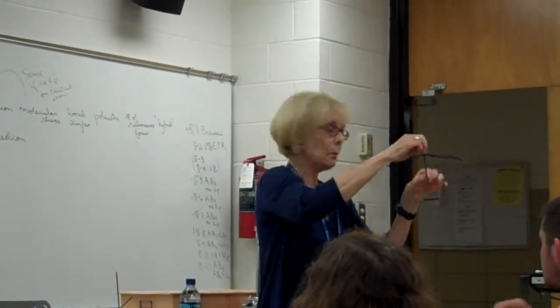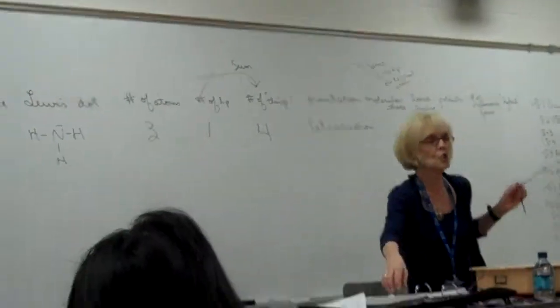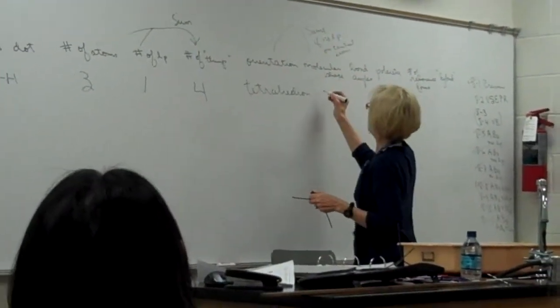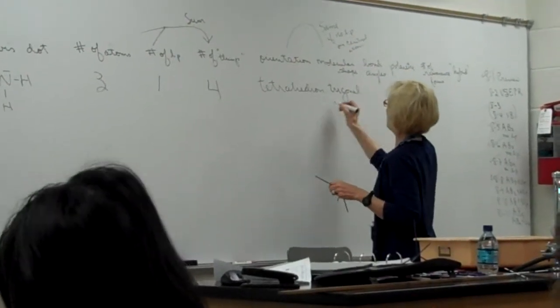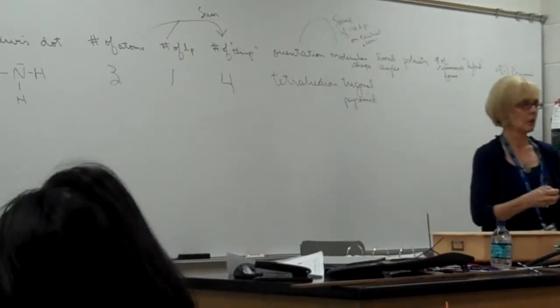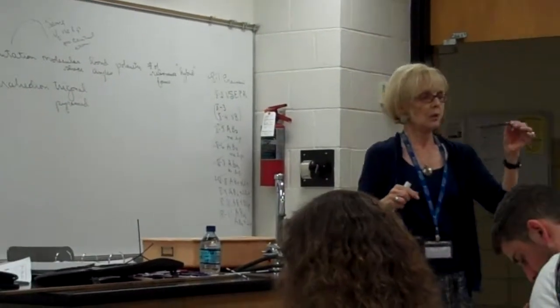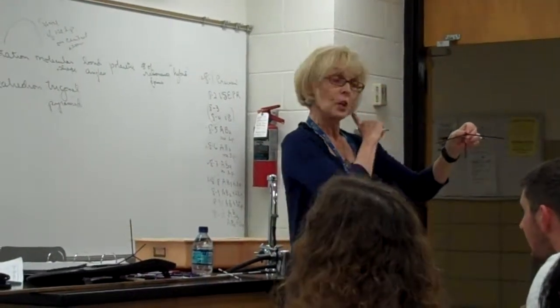So a trigonal pyramid. So when we talk about molecular shape, I got to say trigonal pyramid. Okay? Now, you may see it as something different, but you got to see it the way the original guys saw it.